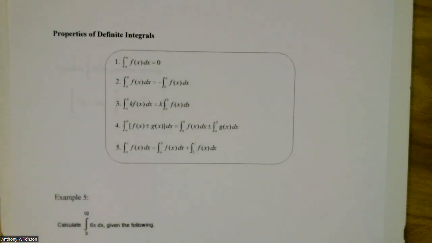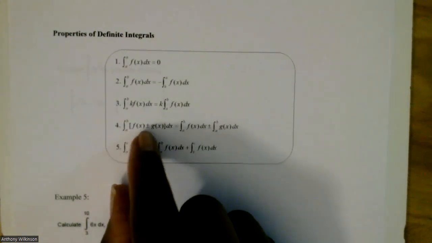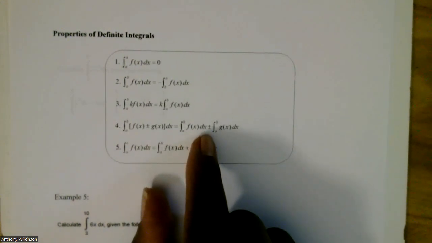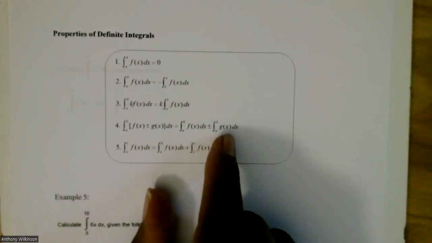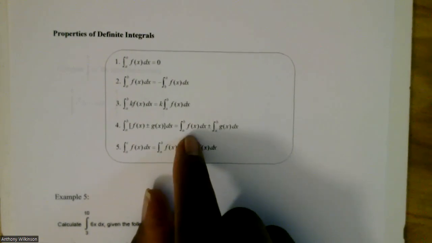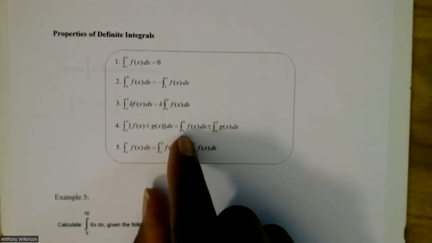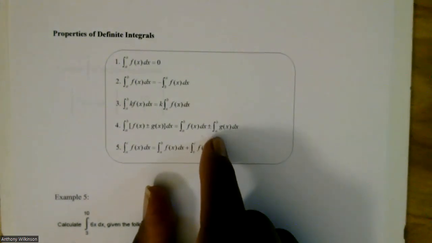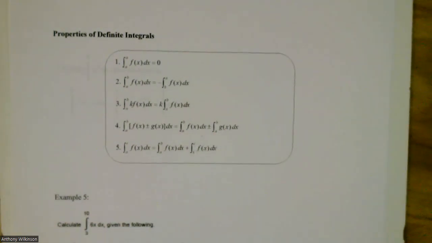And then number 4, the integral from a to b of the sum or the difference of the 2 functions f of x and g of x. If you take the integral of the sum or the difference, that's equivalent to taking the sum or the difference of their individual integrals. So it'd be the integral from a to b of f of x dx plus or minus the integral from a to b of g of x dx.